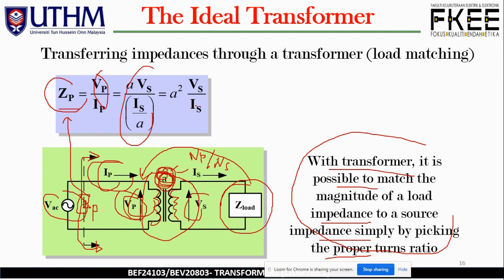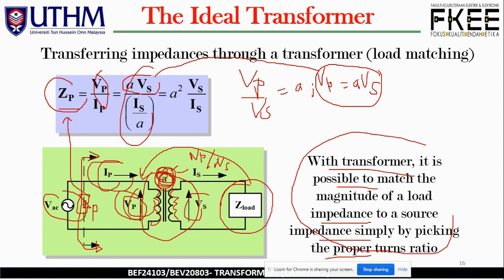Because we know that Vp over Vs is A, rearranging, we have Vp equal to AVs. Substitute this relationship into here, Vp equal to AVs. So what about this one?